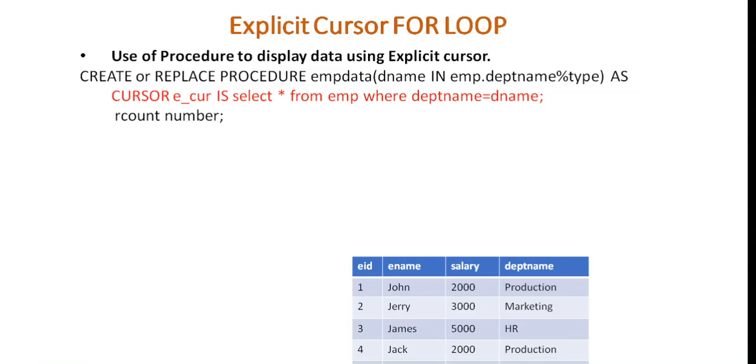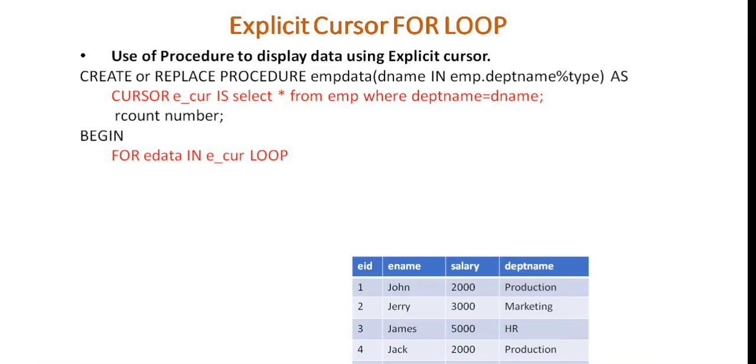So my select query is select star from emp where department name equals to dname. Now the user has to specify this department name while calling this procedure. Then another rcount variable is there, which is a number type of variable, and this variable is used to keep a record of the number of rows selected by this cursor.